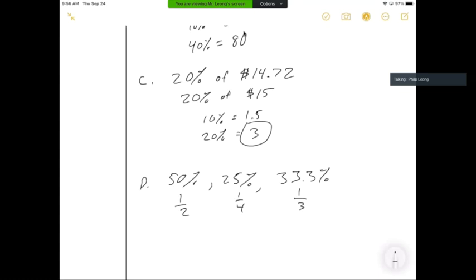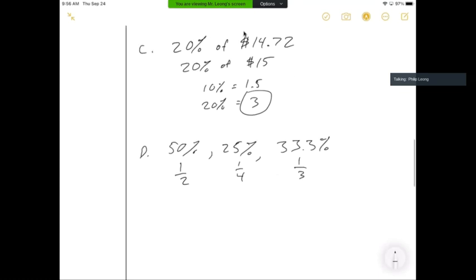You should be able to do 50% of anything right away without rounding. Just dividing it by 2. Or with 25%, dividing by 2 and then dividing by 2 again. So I'll give you a little quick lesson on that part.